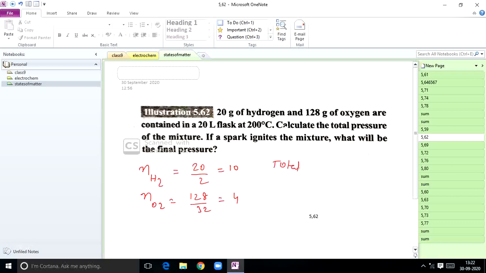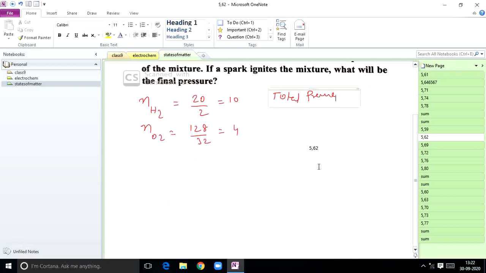So actually, okay, total pressure. So we know, actually read the question. Calculate the total pressure of the mixture he is asking.